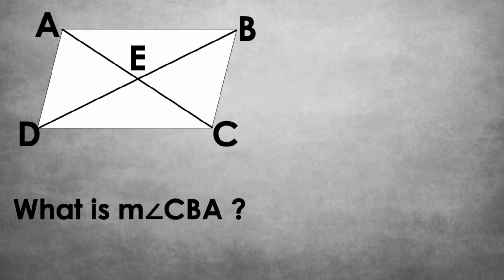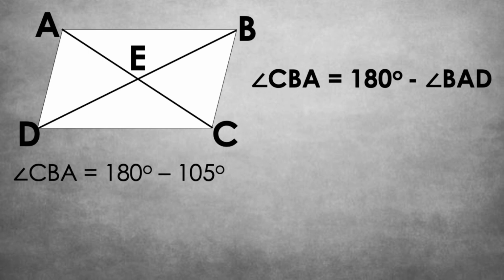Third question, what is the measurement of angle CBA? So applying once again the properties of parallelogram, any two consecutive angles are supplementary. Therefore, we will obtain measurement of angle CBA is equal to 180 degrees minus measurement of angle BAD.